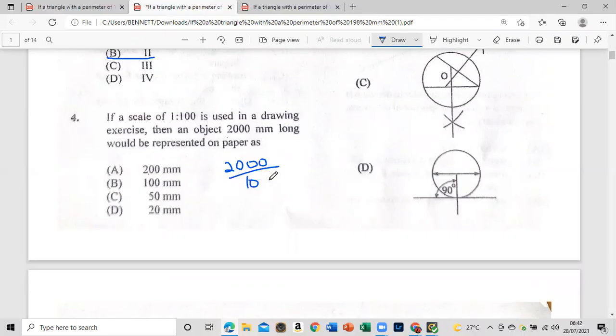Because for every 1, you're going to get 100. So 2 is going to give you 200, and so on. A lot of persons don't really understand scale. 3 is going to give you 300, and you continue on that path. So which one is going to give you 2000? That will be 20. So that is 20. And this is maths, guys, so you know I get excited when I see that.